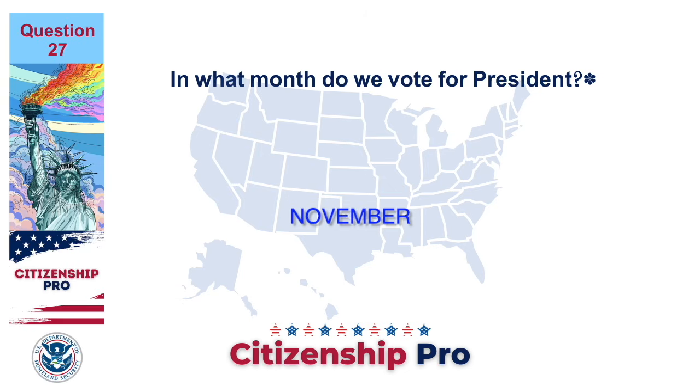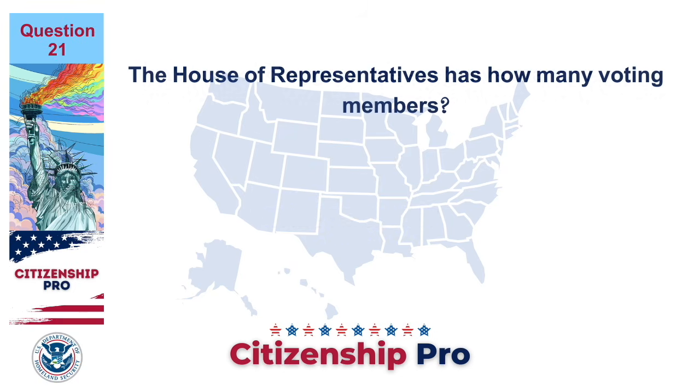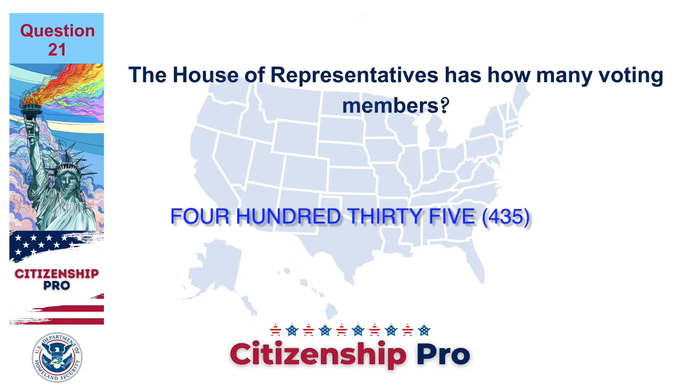November. Who is in charge of the executive branch? The President. The House of Representatives has how many voting members? 435.